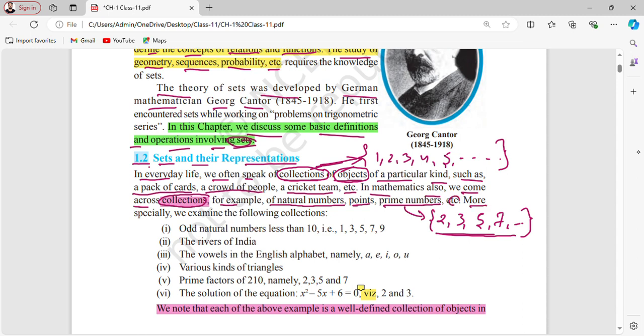More specifically, we examine the following collections: odd natural numbers less than 10. These are all the odd natural numbers less than 10, and this is also a collection.